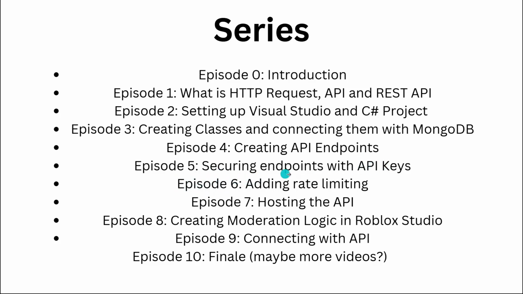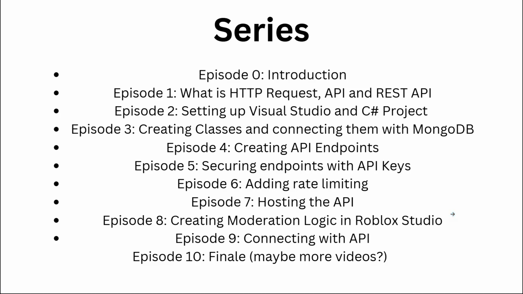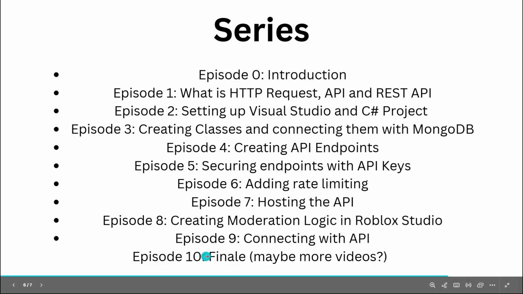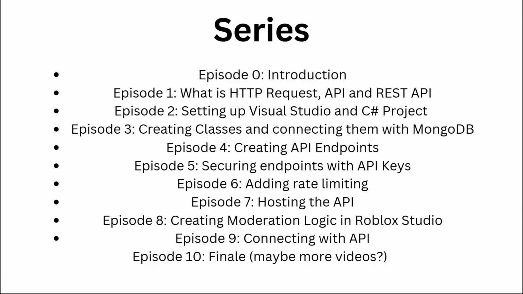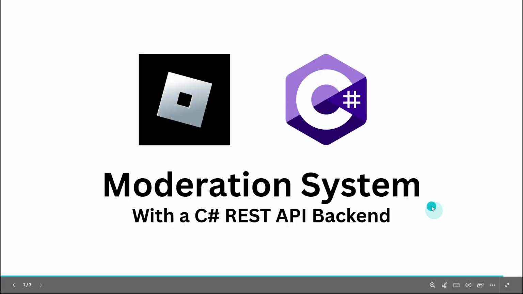In episode 6 we'll add the rate limiting. In episode 7 we'll be hosting the API. In episode 8 we'll be creating moderation logic. In episode 9 we'll be connecting it with the API and having the final look of the system. And in episode 10 I'll cover the finale, which just overall shows what you should have, maybe some common errors, and generally just everything you need in order to actually finish it.